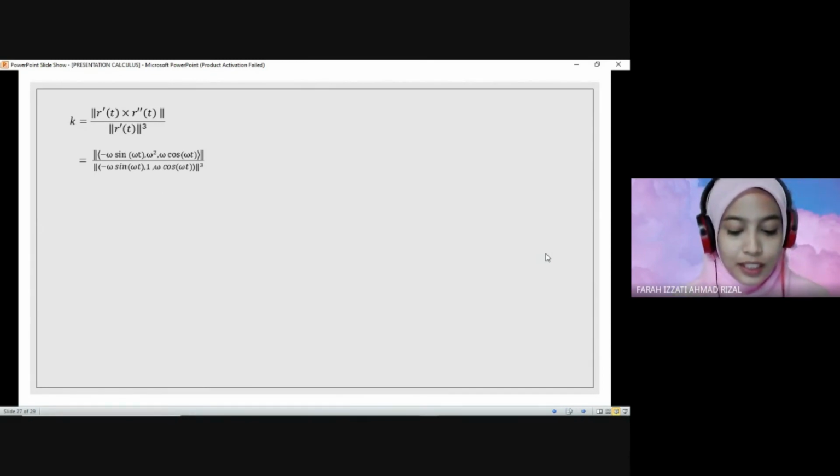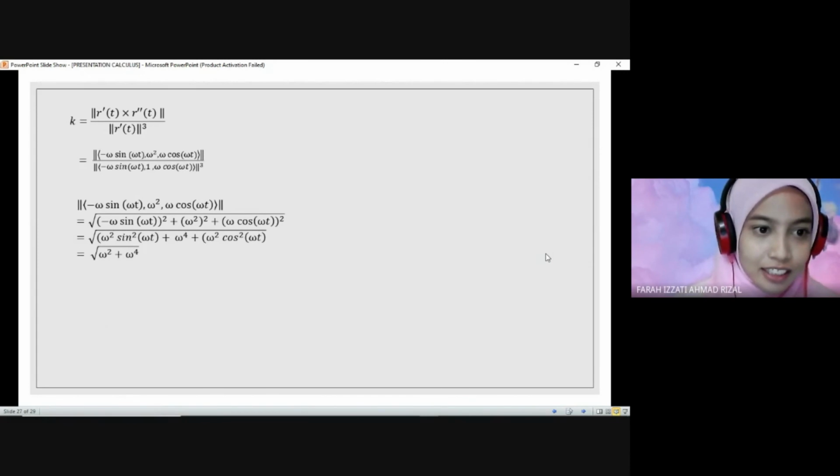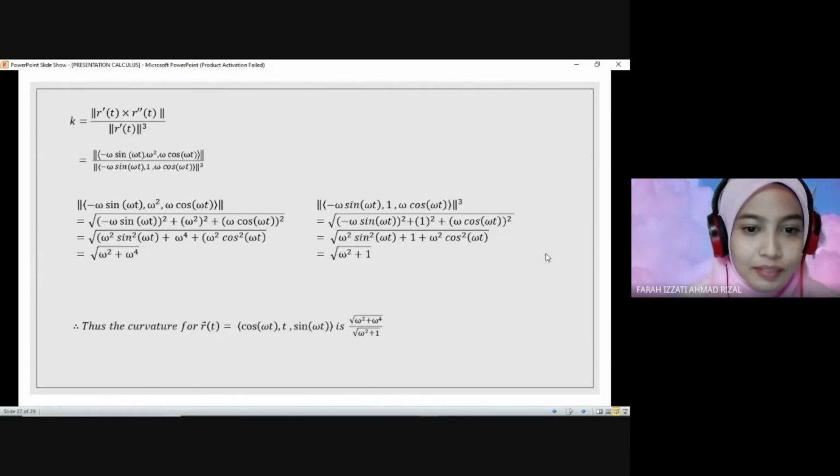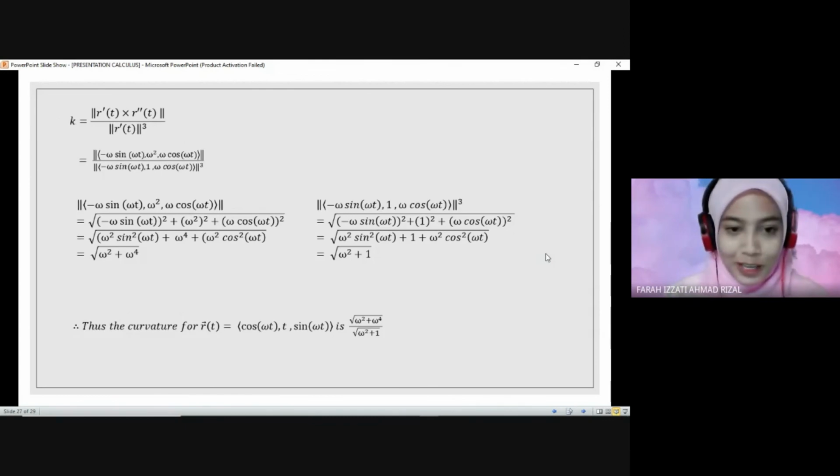And we substitute the vector into the formula. And finally, we get the final answer, which is square root of omega squared plus omega to the power of 4 divided by square root of omega squared plus 1.